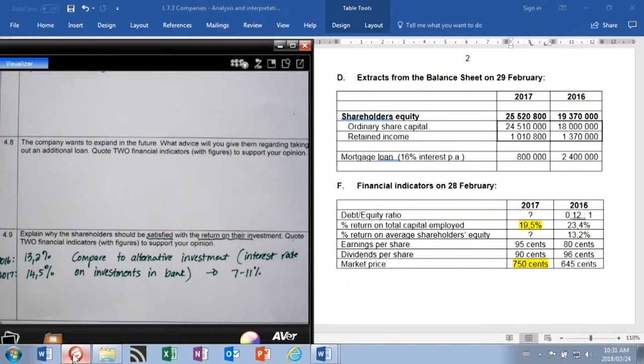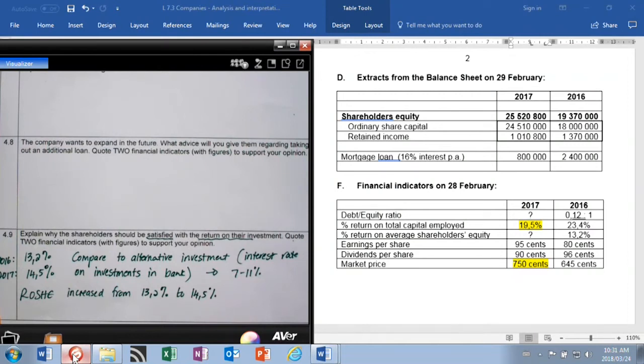We can say that the return on shareholders' equity increased from 13.2% to 14.5%. So there is a little bit of an increase. So that is positive.